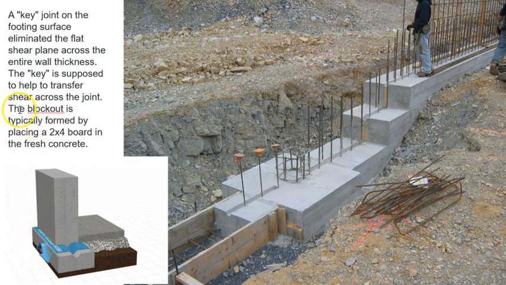And here it just points out that this block out is what they would call that key. A contractor would call it a block out. So typically formed by placing a 2x4 board inside the fresh concrete. So this concrete would have been poured, and then a 2x board cut with bevels would be just placed in there, and that's what would form that negative void there, the key.